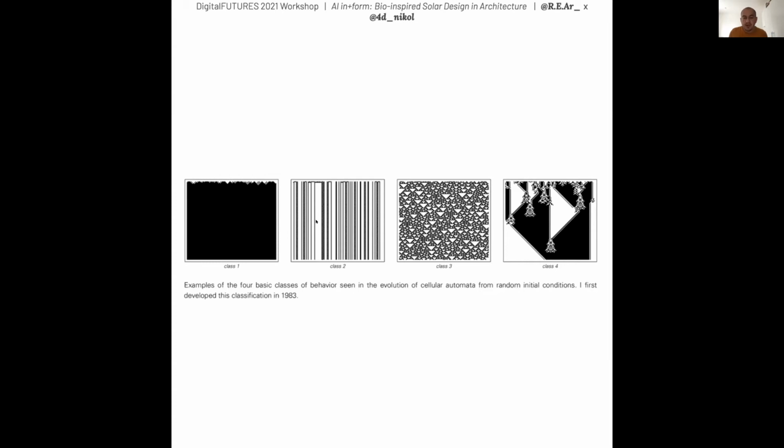Then you have a second possibility that you can find during your design process, which is class 2, in which, after a few generative steps, you can see a periodical behavior, which means I have a step that is going to be repeated several times forever.